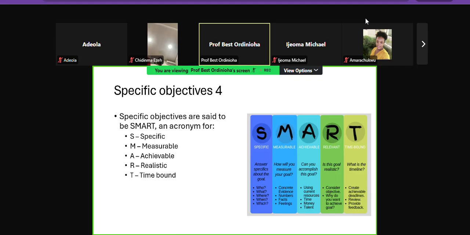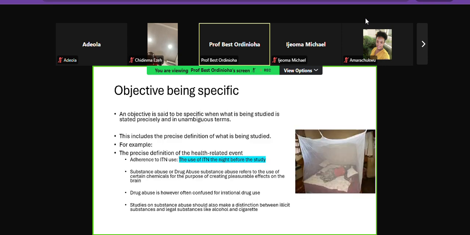If your objectives are not SMART, they are not good enough. Specific means that they should be stated in unambiguous terms, stated precisely.